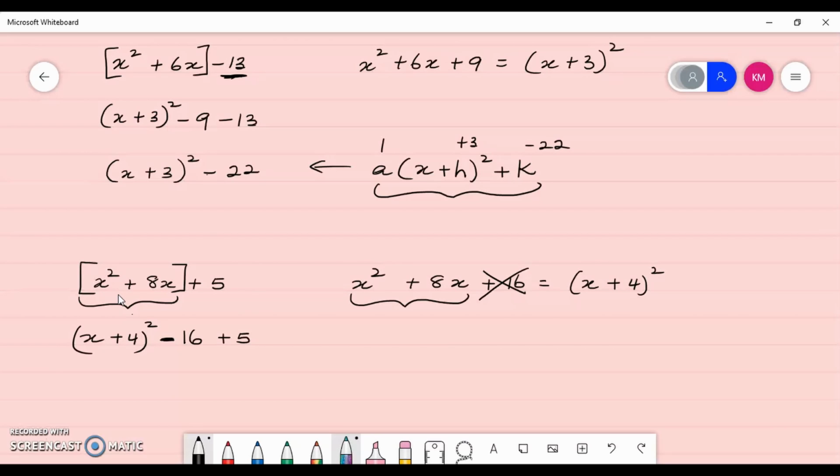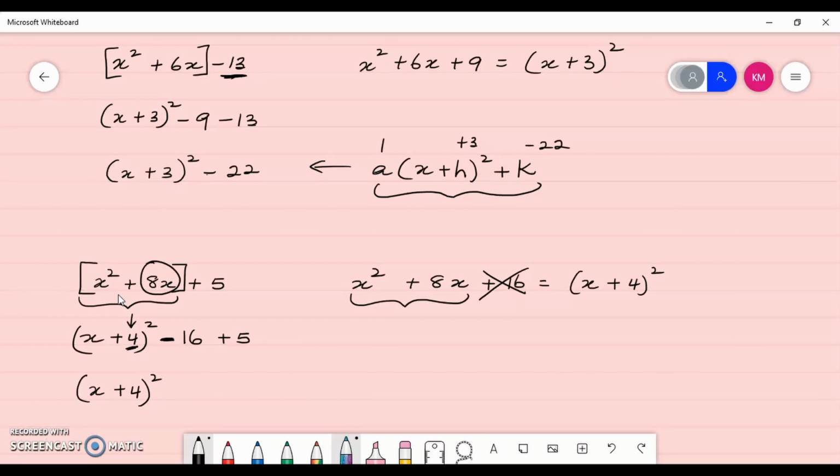Remember, to find this, we could have done half of this term. And to figure out what we need to subtract, we simply square this term. So that is why we have take away 16 here. So to simplify, we get x plus 4 squared.